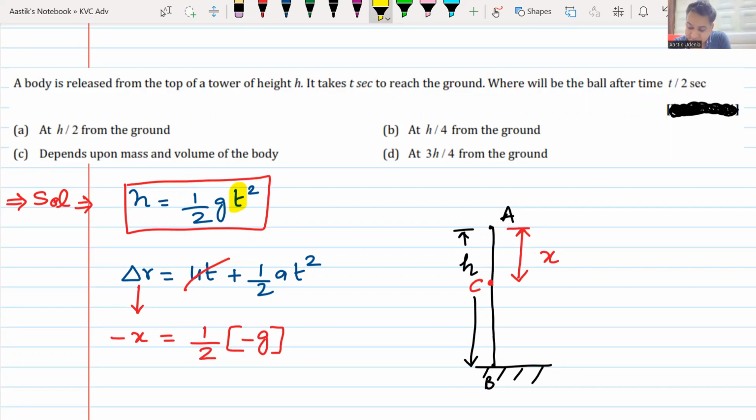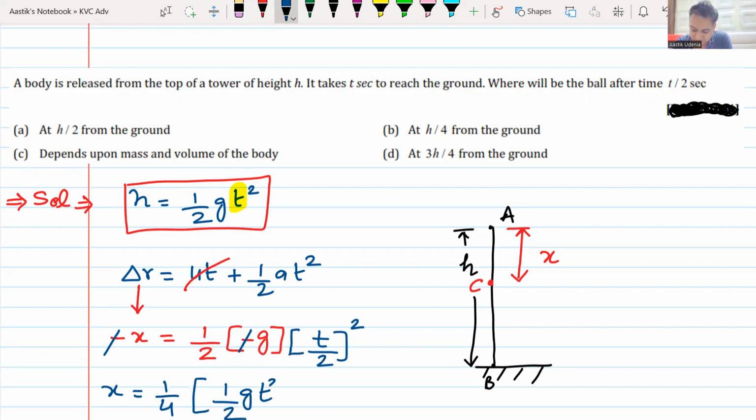So I can write it as t by 2 whole squared. Yes or no? This negative will get cancelled and my x will become 1 by 4 into half g t square.